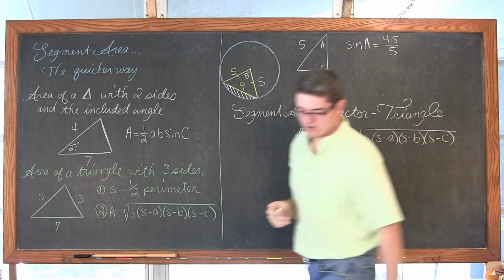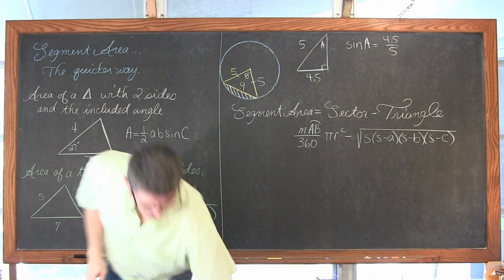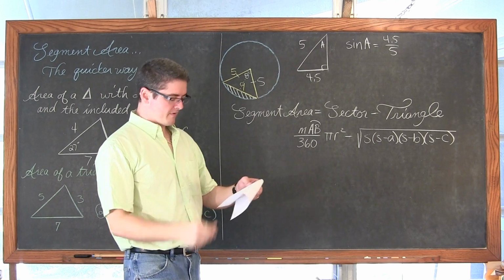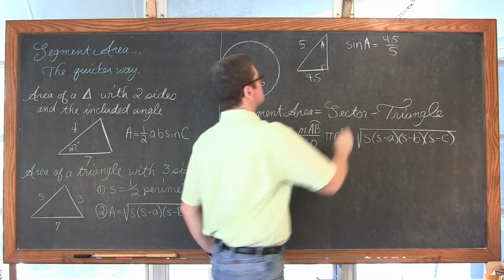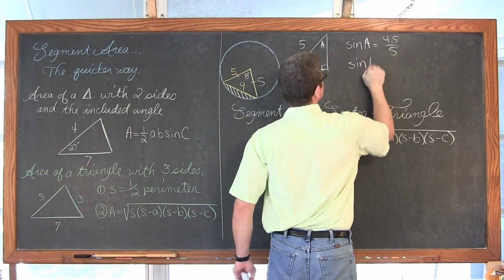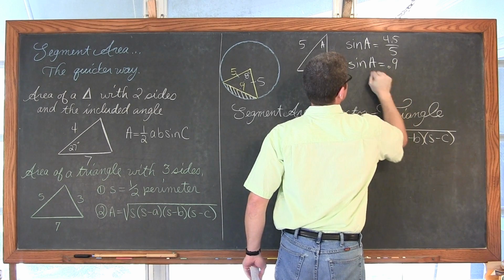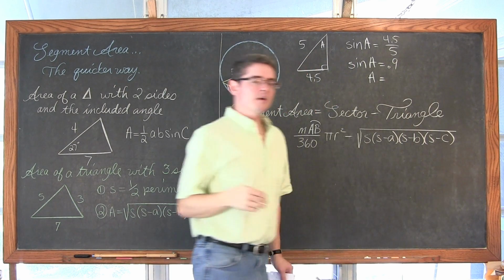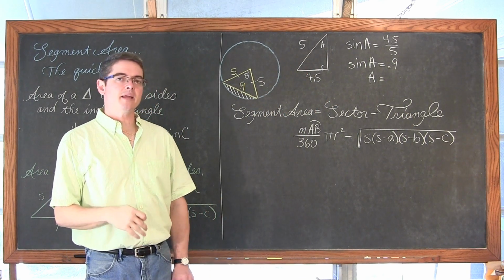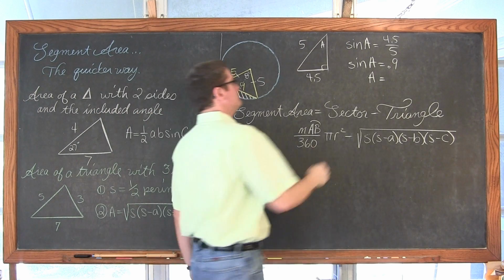Of course, this is going to come out of our calculator, so refer to my notes. 4.5 divided by 5 is 0.9. We get the sine function away from the angle by doing the inverse sine function.